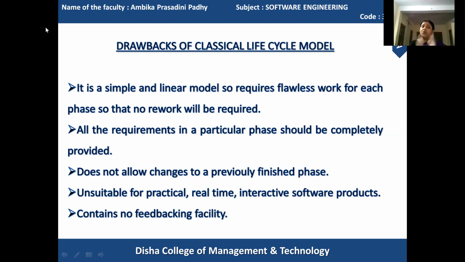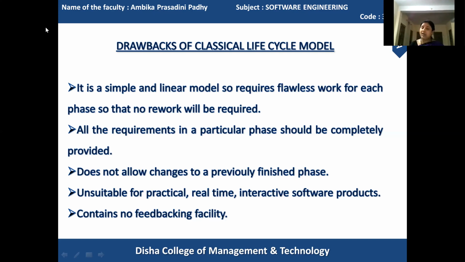It contains no feedback facility. Feedback cannot be collected and acted upon here. If a particular phase is over and we have left behind some points, we should be able to make corrections. If a point we wrote was difficult to achieve, we would change it to a simpler one. This type of feedback is not supported.